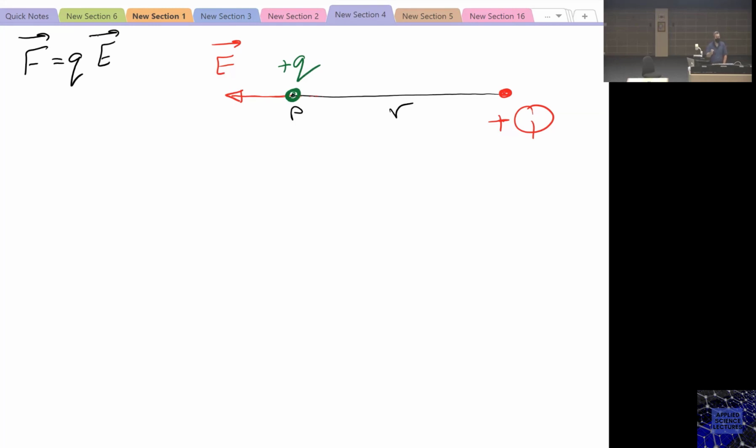Small letter q is a positive scalar, then the direction of the force is the same direction of the electric field. Make sense? So here is my force. I want to do this in green. Why? Because this small letter q was positive.